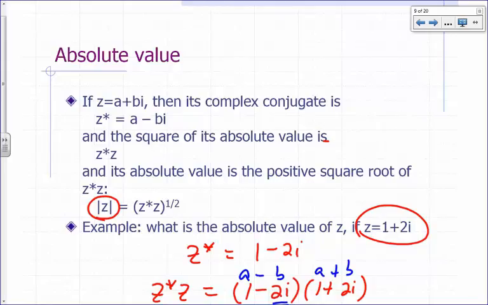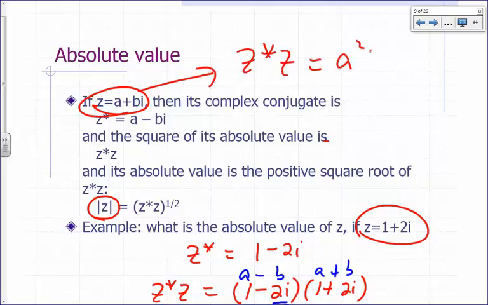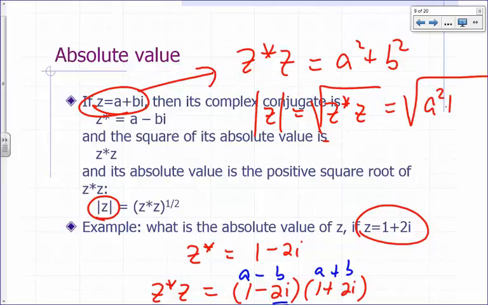So in general, if z is a plus bi, then you can say z star z is just a squared plus b squared. Right? And so what's the absolute value of z? The square root of z star z. It's just the square root of a squared plus b squared. To avoid confusion, since we've already defined a and b here, let's just call this x plus y, x minus y, and x plus y.